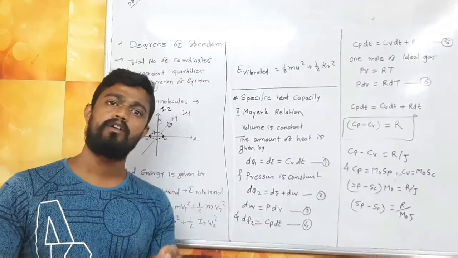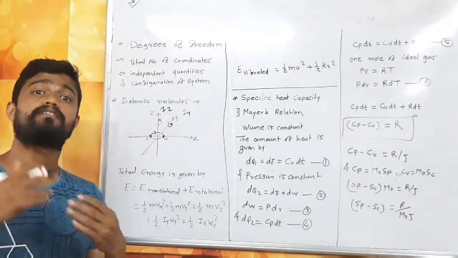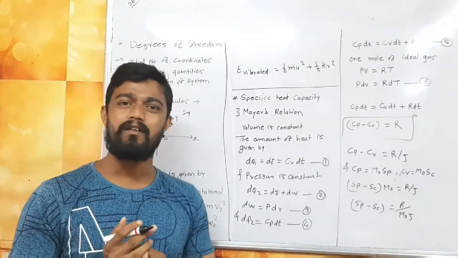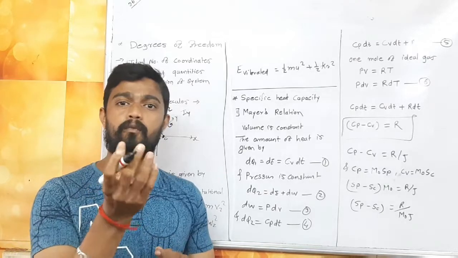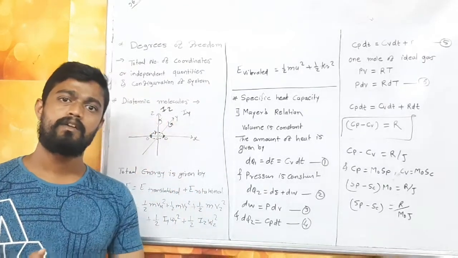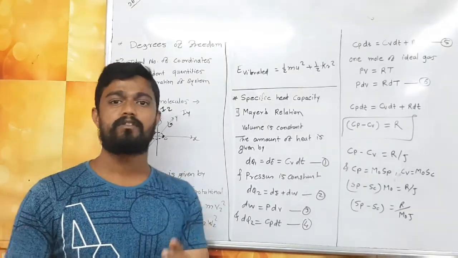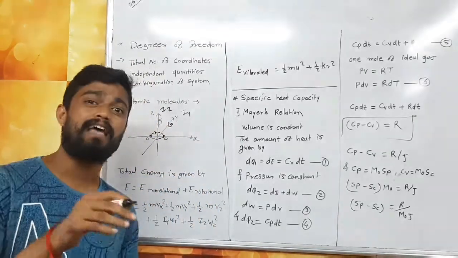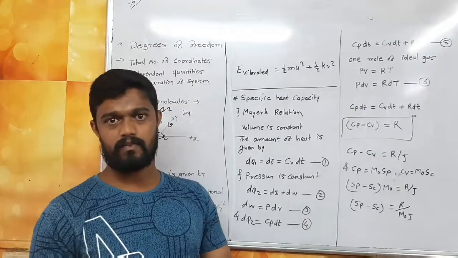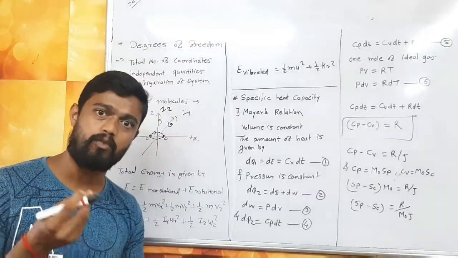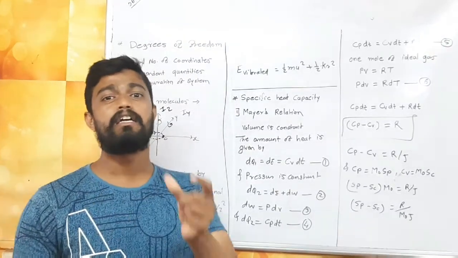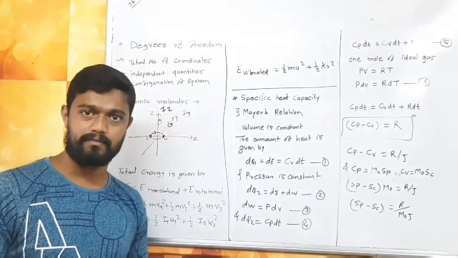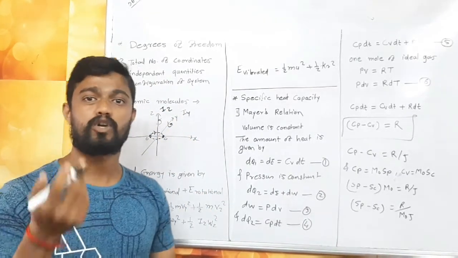Suppose your molecule, when it translates and rotates, is also having vibration. Suppose your molecule has vibration when it is having motion. Then what is the total energy?